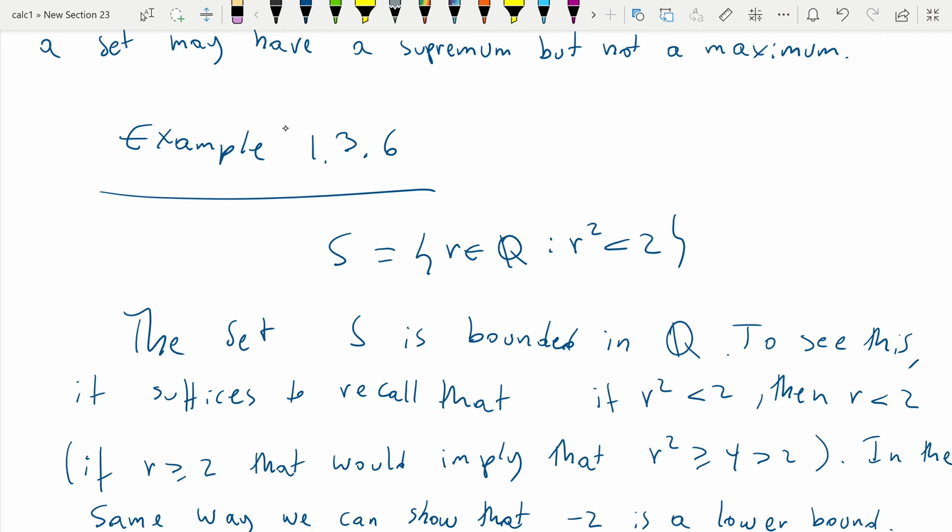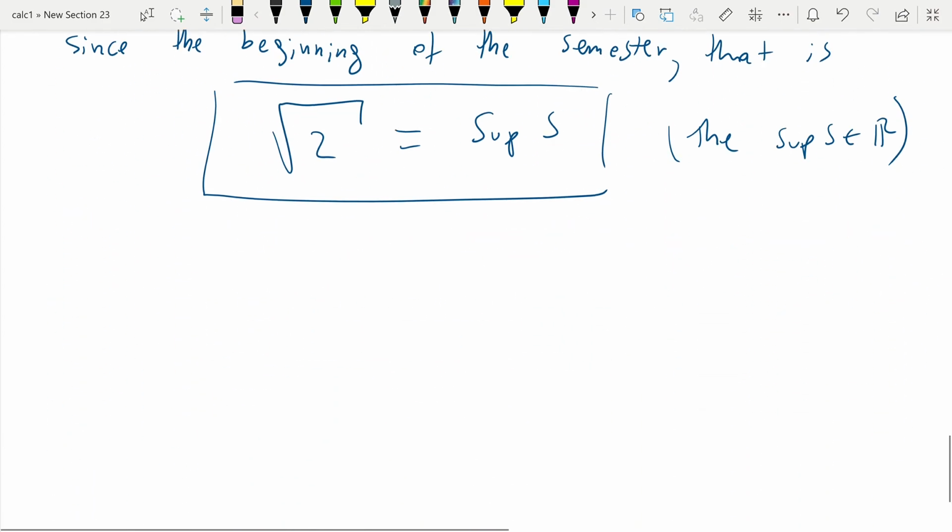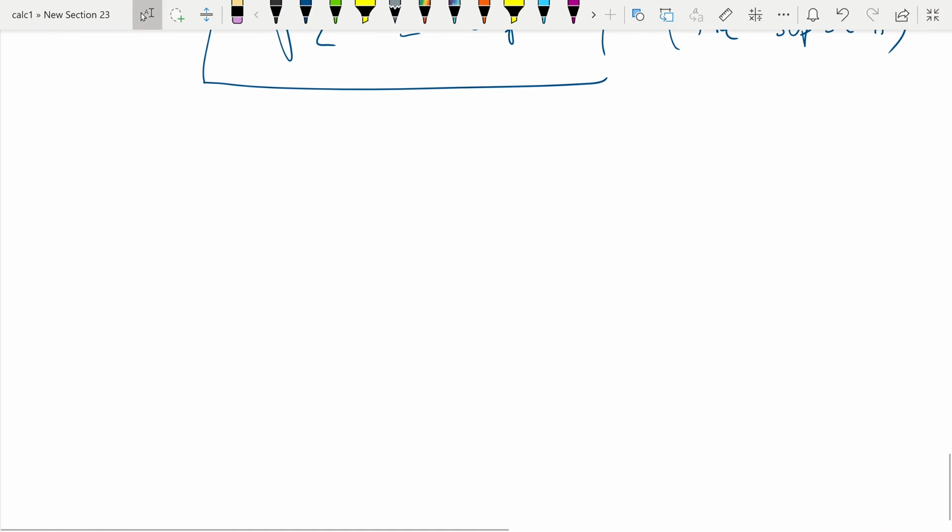Okay, so that's one first accomplishment when we deal with the real numbers instead of the rational numbers.